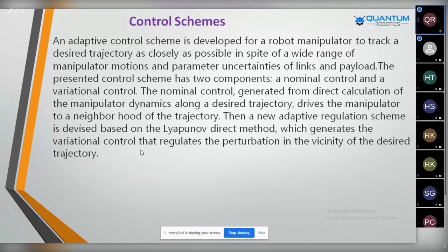That is the variational control. The normal control, generated from the calculation of the manipulator dynamics along a desired trajectory, drives the manipulator to the neighborhood of the trajectory.